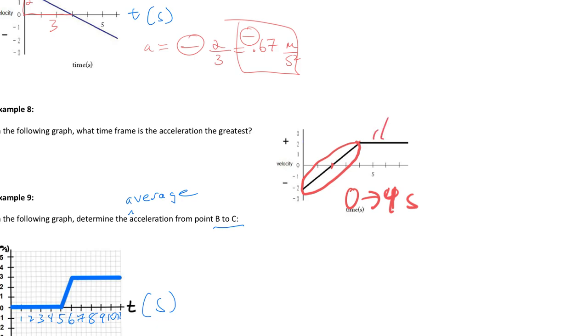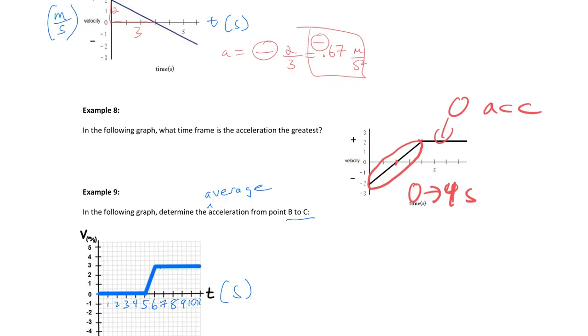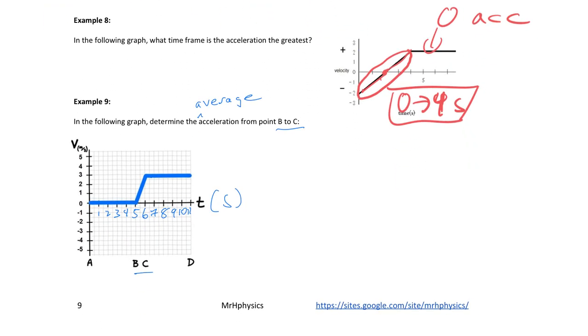Right here, this is 0 acceleration because there's no slope. So the acceleration is greatest from 0 to 4 seconds. It's the same here as there. From point B to C.